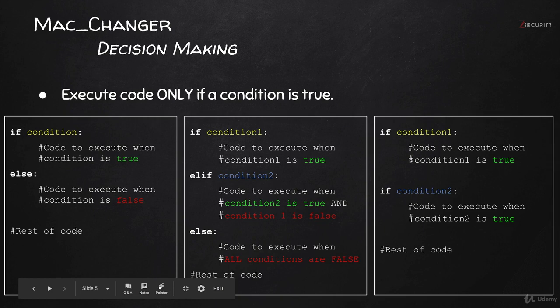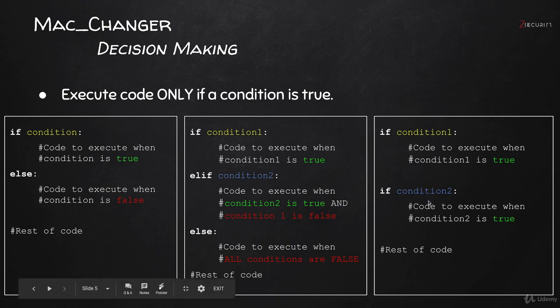So what happens is Python checks for condition 1. If it's true, it executes the code here. Even if it's true and it executes the code here, it'll check condition 2. And if it's true, it'll execute the code in condition 2 as well. So unlike this example, if condition 1 is true, Python will go to the rest of the code directly and won't check for the rest of the conditions.